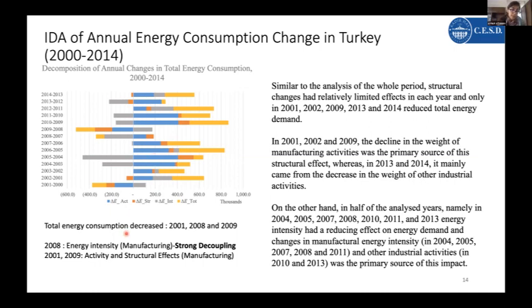And there are only 3 years in which total energy consumption decreased, which are 2011, 2008, and 2009. And it is only in 2008 that the energy intensity was the main factor behind the decrease of energy consumption.